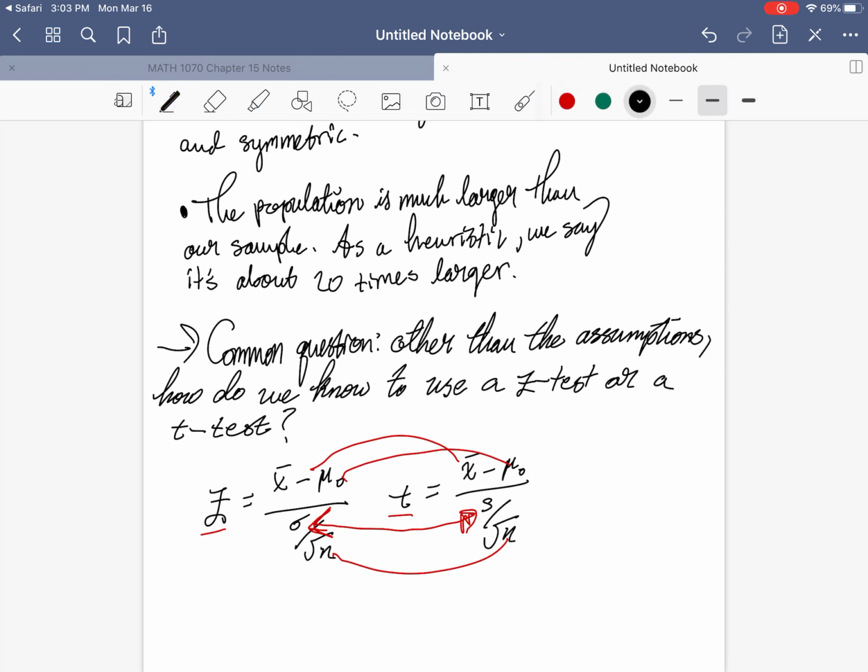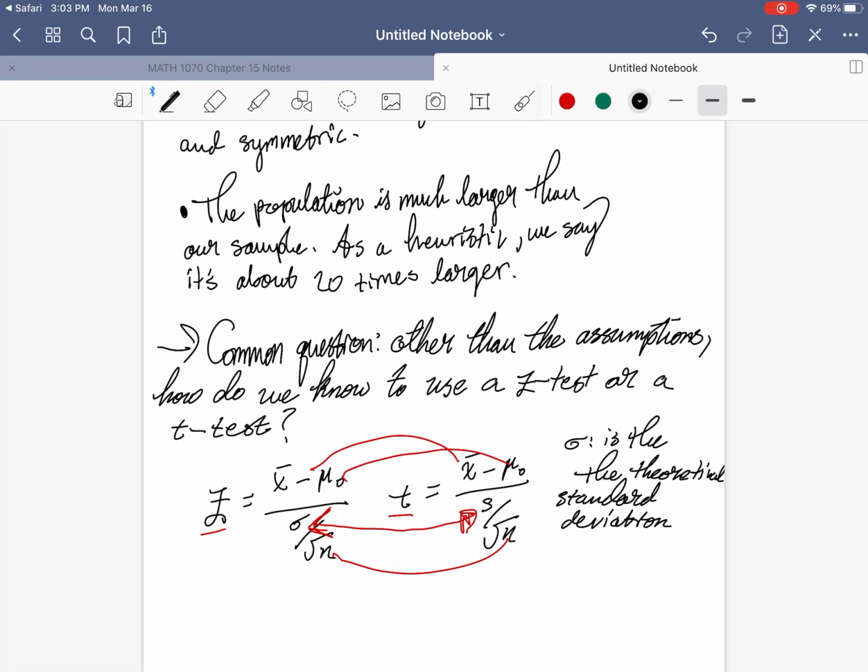And just as a quick reminder, sigma is the theoretical standard deviation. Now this is a theoretical value. You will almost never, if ever, have a theoretical standard deviation value.